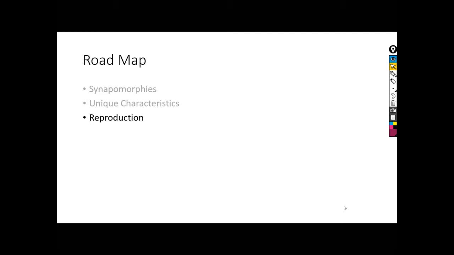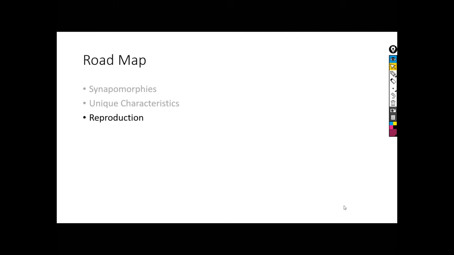So now that we've talked about that, the next thing I want to focus on is reproduction. We've talked about this a little bit in the past when we've talked about amphibians, for example, internal fertilization in salamanders with the spermatophore, the leaving of the present.